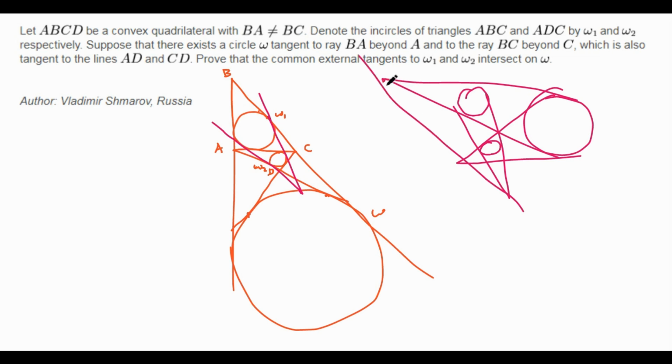And what's more, this is true not only when they're all common external tangents, but when two of them are internal tangents as well. We'll be using that version of Monge's theorem as well.